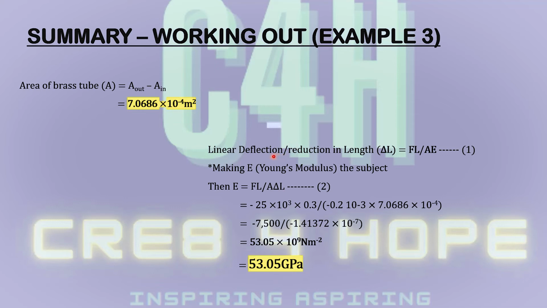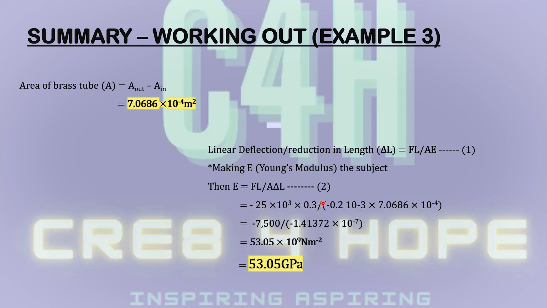Using the axial deflection formula, the reduction in length, delta L, is equal to F times L divided by A times E. F characterizes the external force that's causing the structure to deform, L represents the original length, A the cross-sectional area, and E characterizes the elastic modulus, or the Young's modulus. If we make the Young's modulus the subject of this equation, then the Young's modulus will be equal to F times L divided by A times delta L.